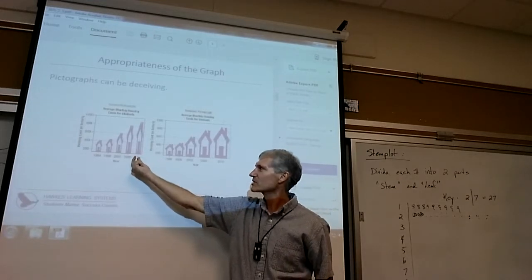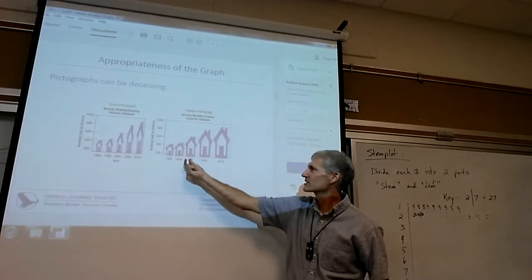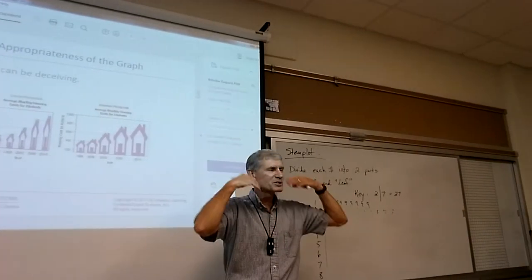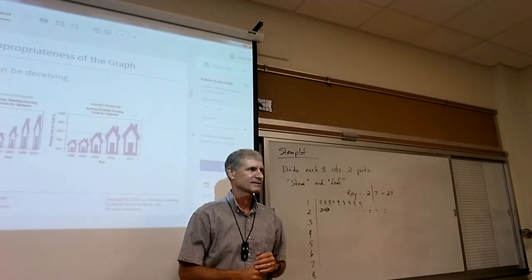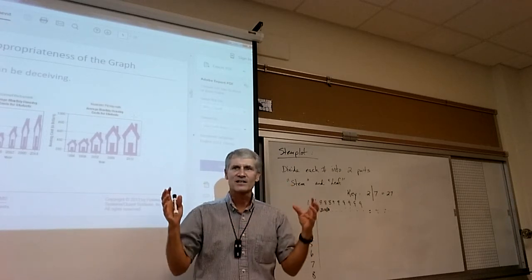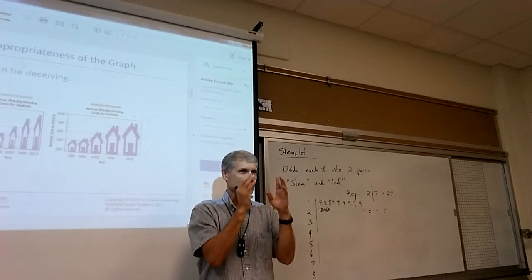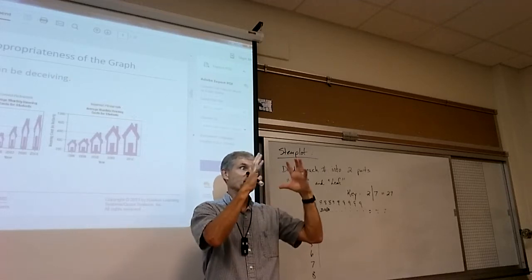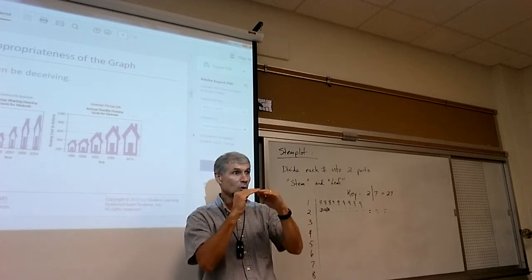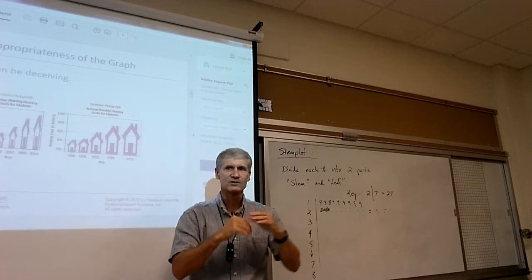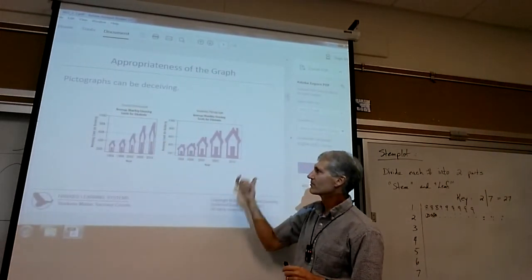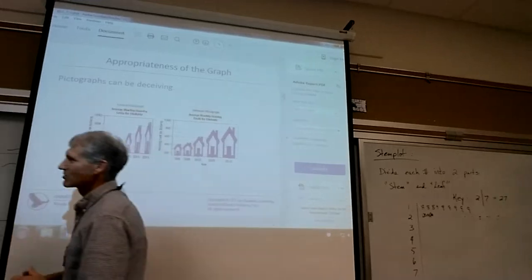These houses are all the same width. These houses get wider as they get taller, so they're just a bigger picture. Well, what does your mind do when you see that happening? It exaggerates the difference between them because your mind sort of does area. Ooh, this is way bigger than this little one down here. But it isn't that much taller. And it's only the height that's depicting the value. So the only thing that matters is the height of it. So they shouldn't be making them wider. Pictographs are just usually a bad idea.